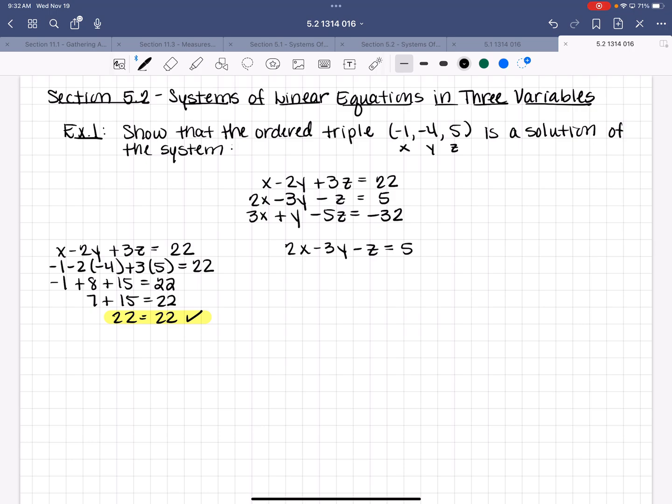I'm going to plug in the -1, -4, and 5. That's going to give me 2 times -1 minus 3 times -4 minus 5 equals 5. That gives me -2 plus 12 minus 5 equals 5. That gives me 10 minus 5 equals 5. And sure enough, 5 equals 5.